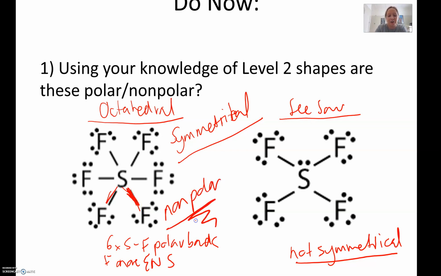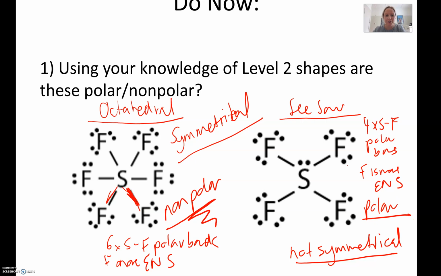Hopefully you're like, oh my gosh, I remember all this stuff. So now let's jump onto this shape here. In SF4, there are 4 times SF polar bonds, and that's because F is more electronegative than S. Now due to this lone pair, this shape is not symmetrical, therefore the dipoles cannot cancel, and this structure is polar. I hope that makes sense, and we're going to be learning about this during this lesson.